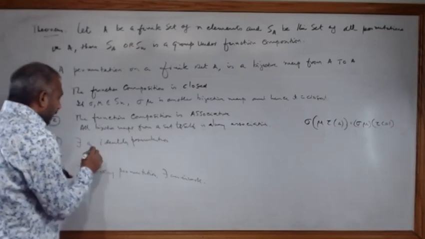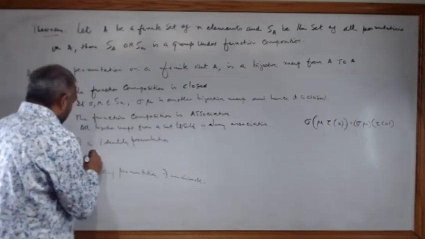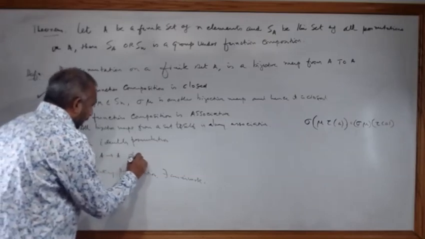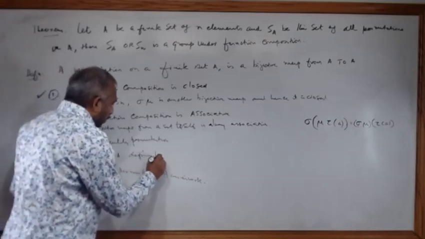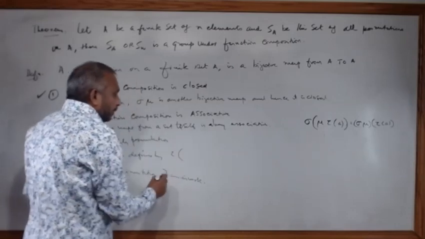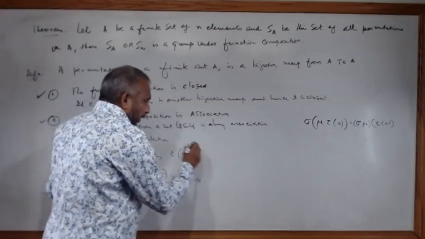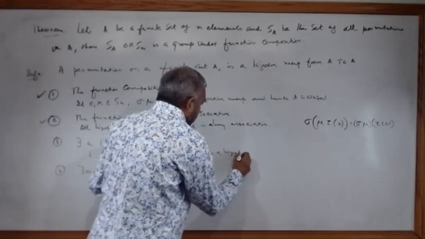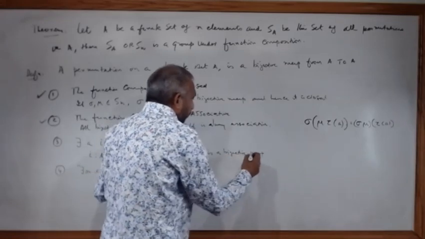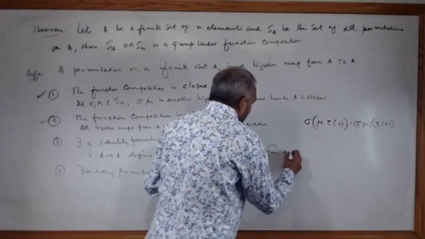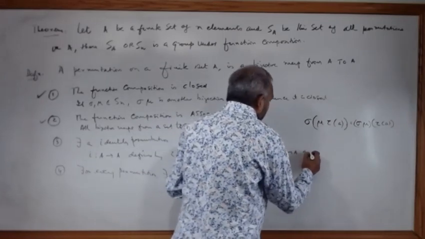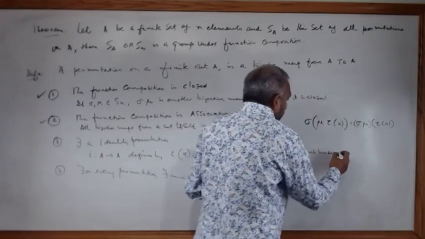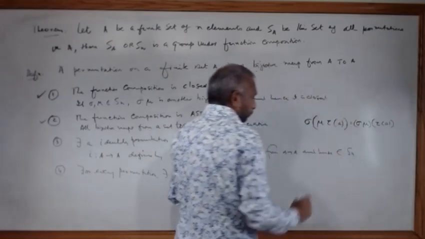Identity: of course, the identity map is going to be I from A to A defined by I of an element is equal to A. It is a bijective map from A to A, and hence it belongs to Sn.